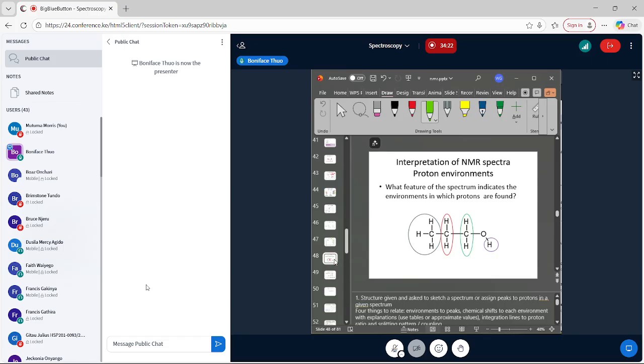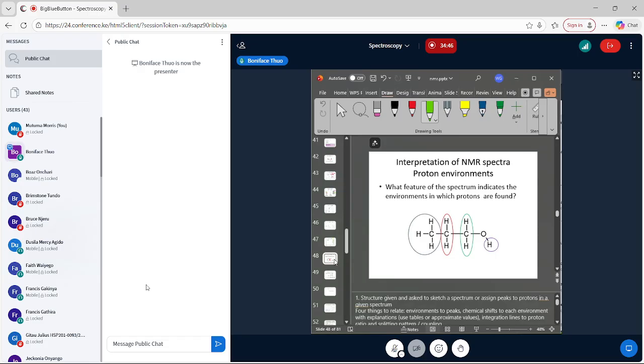So it depends on whether the structure is known or unknown, and then using logical thinking in order to confirm the structure as given, or to come up with a structure of an unknown.